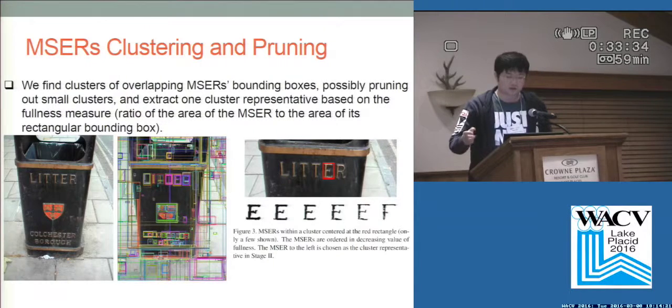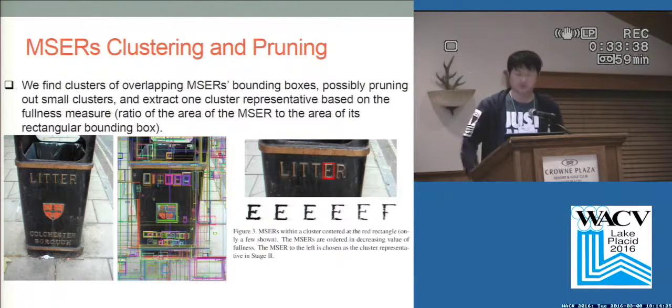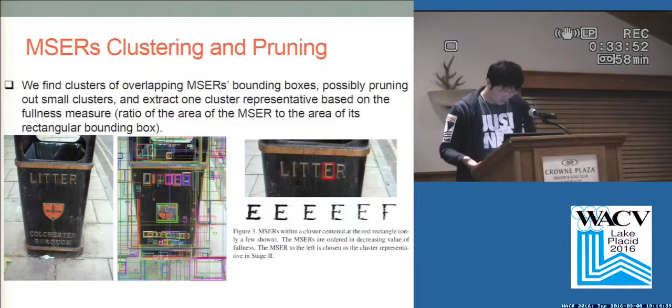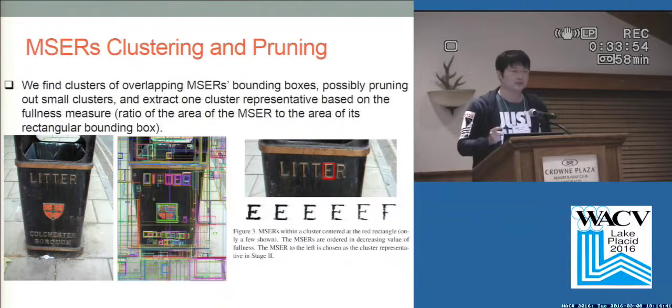MSERs from the same cluster are labeled using the same color in the middle image. Now we have clusters of MSERs, and we could potentially throw all of them into a CNN, but I think we can do better. Our idea is to find one representative MSER per cluster.